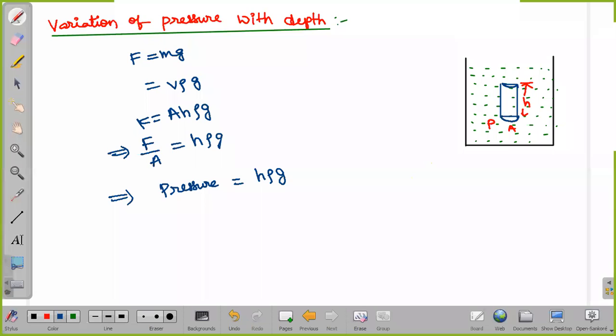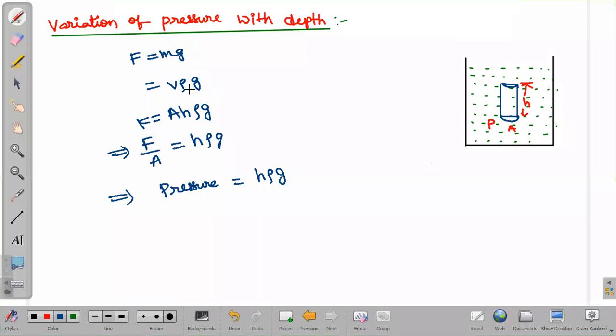So mg, I am writing it as rho into V, because rho is equal to mass by volume. So mass is equal to volume into rho, rho into V we can write. I have used that here because they didn't give me the mass, only its density we know, and its area and height we know. So volume into rho into g I am writing.